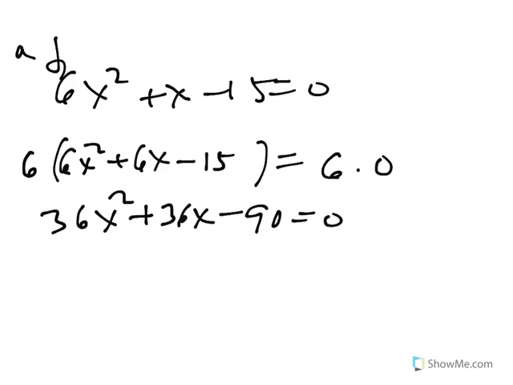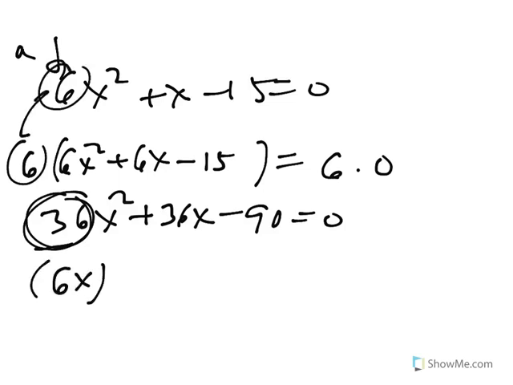Now that looks even harder than the original. But after this step, this thing's always going to be a perfect square. The 36 is, because I just multiplied the 6 by itself. So I'm going to rewrite this like this. This 36x, I'm going to write it as 6 times 6x.